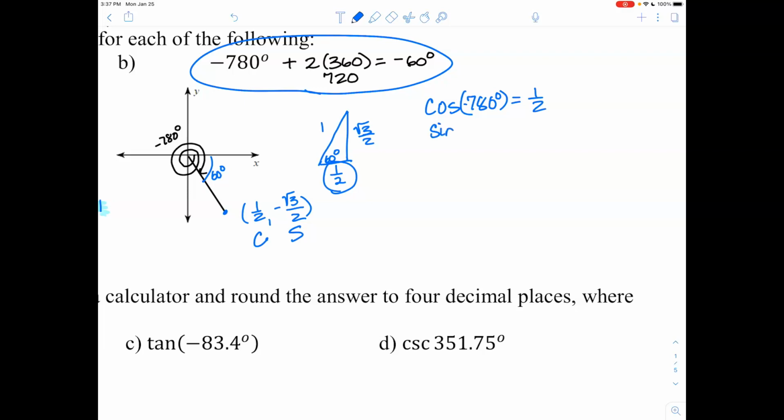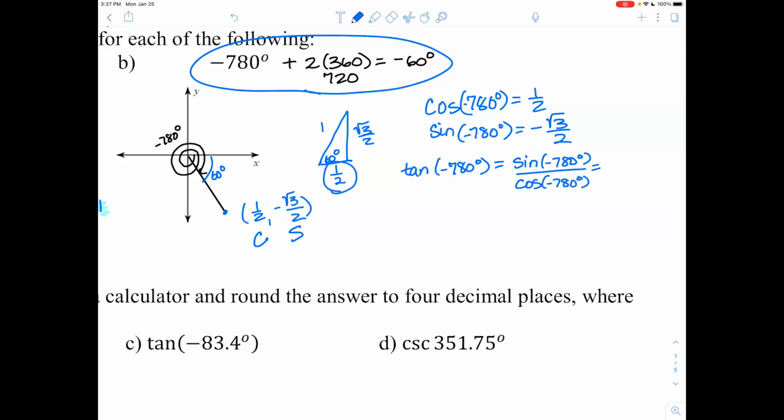And your sine of negative 780 degrees is negative square root of 3 over 2. And then your tangent of negative 780 degrees is your sine of negative 780 degrees divided by your cosine of negative 780 degrees.